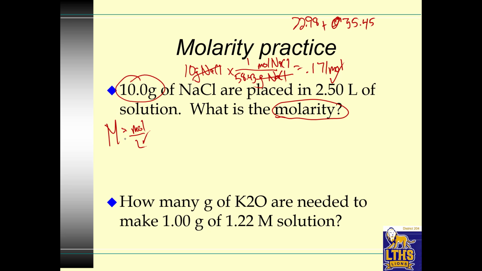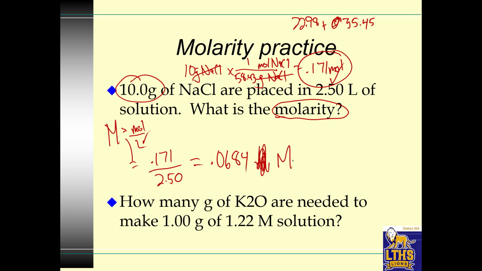Okay, so now if I'm finding the molarity, I now have moles. 0.171 over 2.50 equals, that's not right, 0.171 divided by 2.5 is 0.0684 molar.